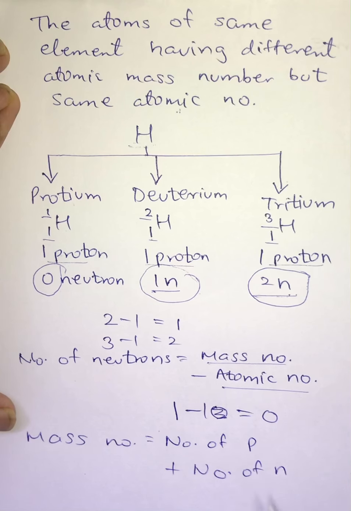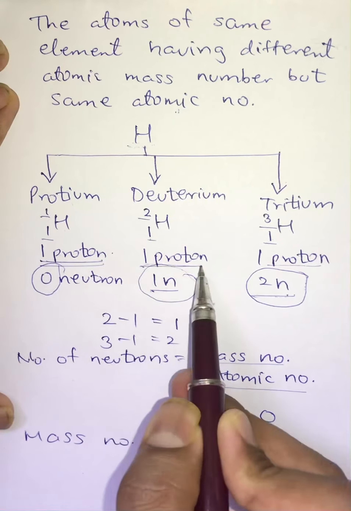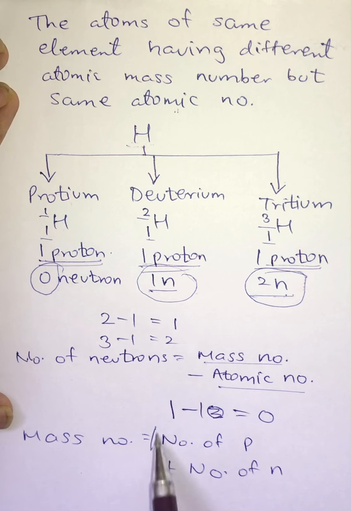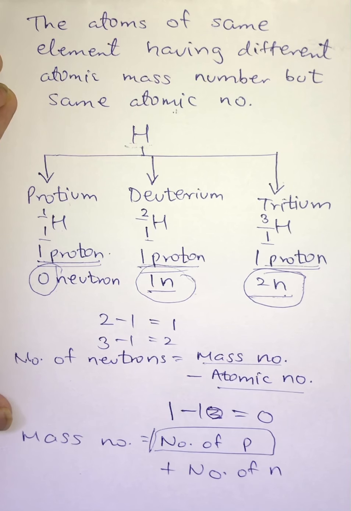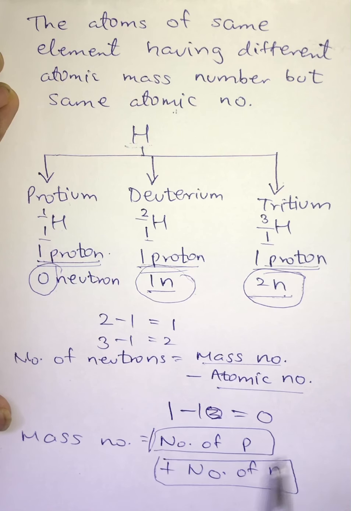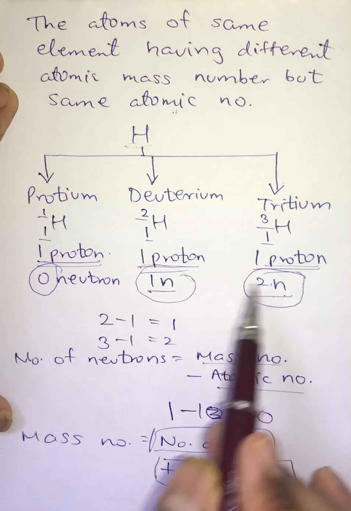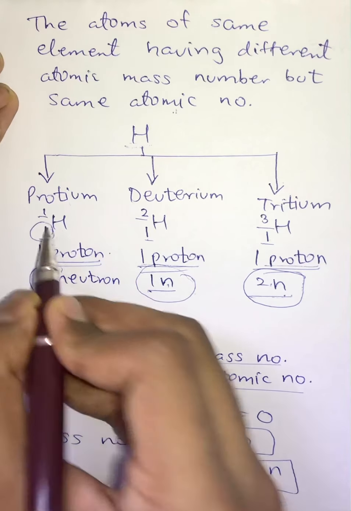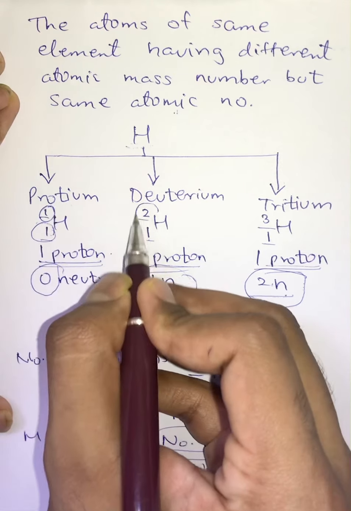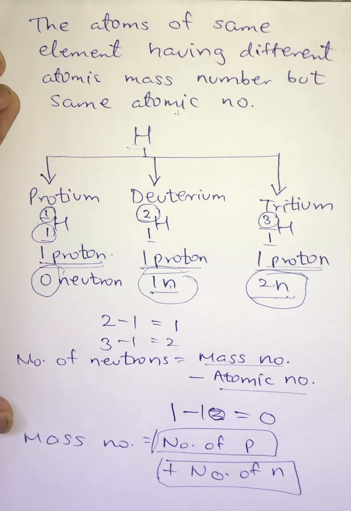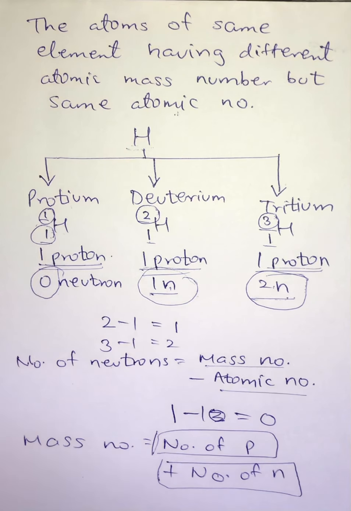The number of protons is constant, 1, 1, 1. The only thing which is changing is the number of neutrons. So because the number of neutrons is changing, their atomic masses are changing. So isotopes are created because of the difference in number of neutrons. I hope now isotopes is clear for you all.